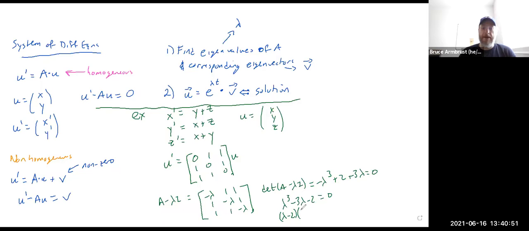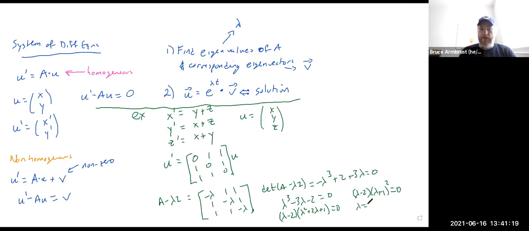To get lambda cubed, I need lambda squared. This is minus 2 lambda squared. I need a plus 2 lambda squared, so plus 2 lambda. And then we're going to need a plus 1 at the end here. So there's the factoring for that, which now you can probably see: we get lambda minus 2 times lambda plus 1 squared.